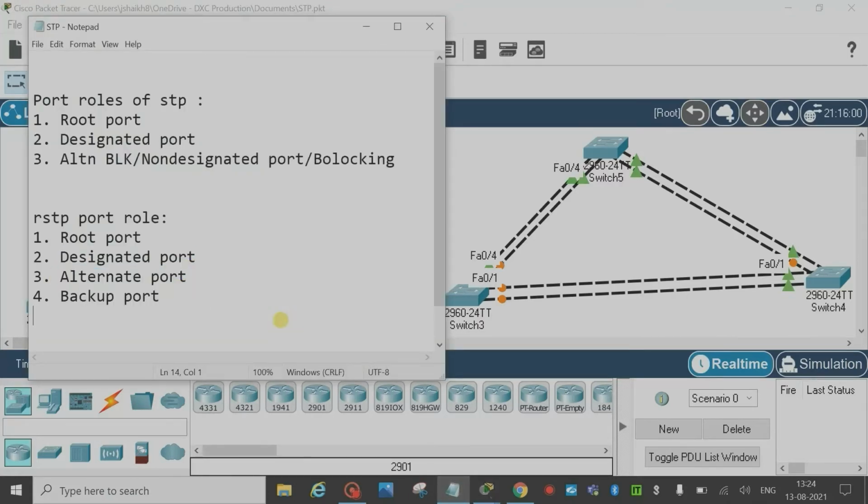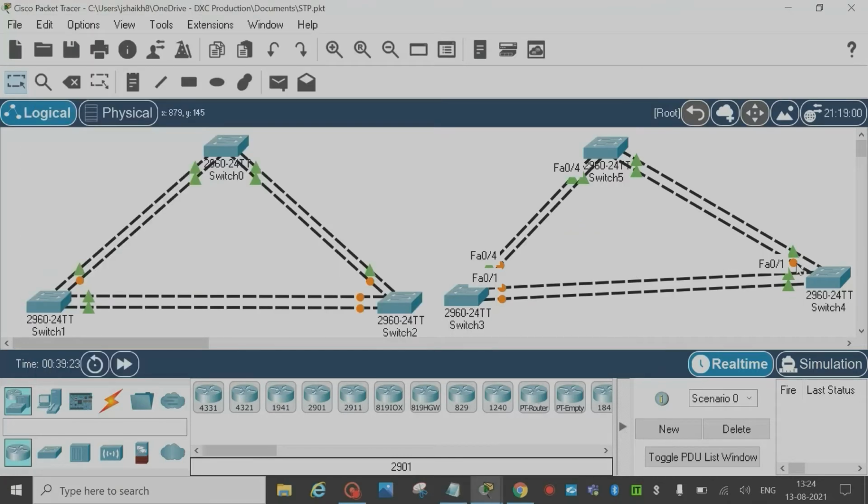Alternate port. The alternate port is the backup of the root port. So here this one is the alternate of this root port and this one is the alternate of this root port. So this is the alternate port.